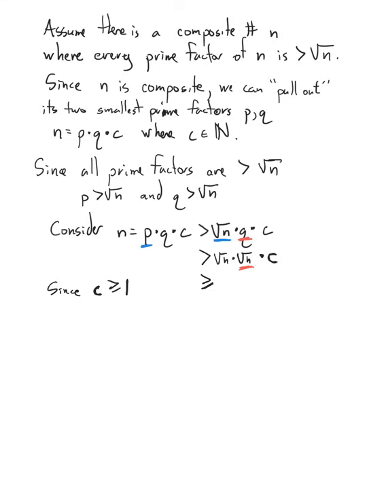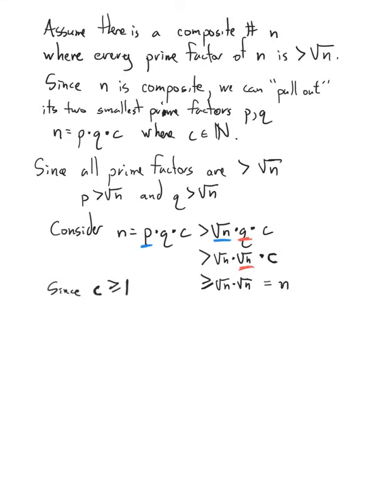But I'm going to get square root n times square root n, and then times 1. I'm not even going to write it in, because multiplying by 1 doesn't do anything. So, what is this? Well, square root n times square root n, by definition, that's just n.